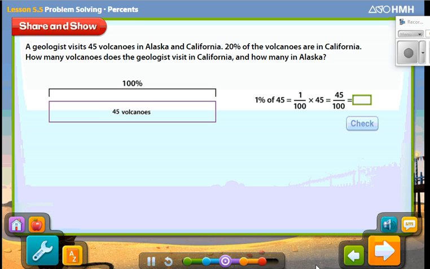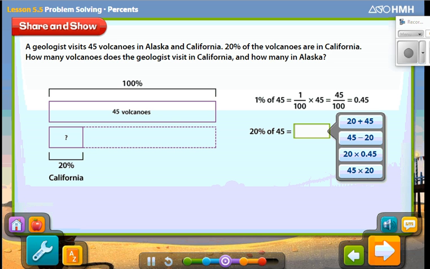To find how many volcanoes the geologist visited, first find 1% of 45. Type the answer and then click Check. Correct. 1% of 45 is 45 hundredths.